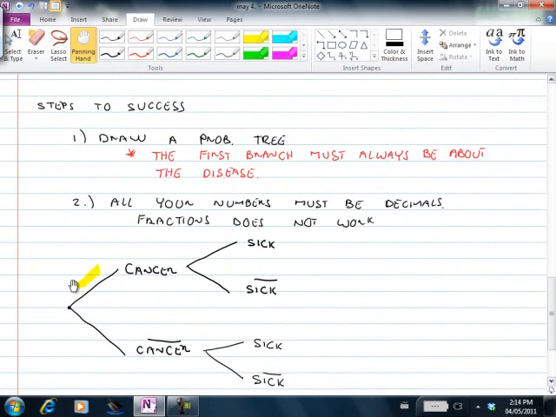Not 2, not 0.2, but 0.02, because 0.02 is the probability that someone has cancer. But I don't use percent, I use decimals. That's the key. Once you have that, I want you to fill this in yourself, right here. 0.98, not 0.98.